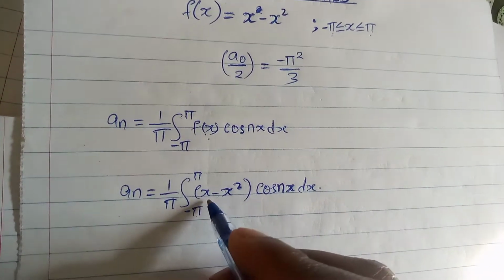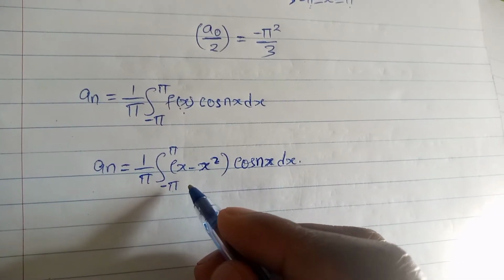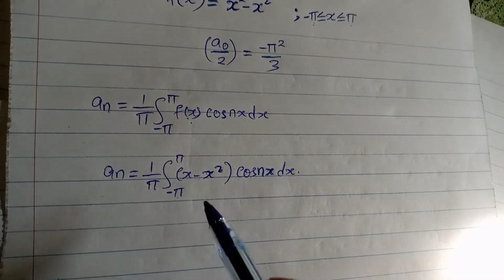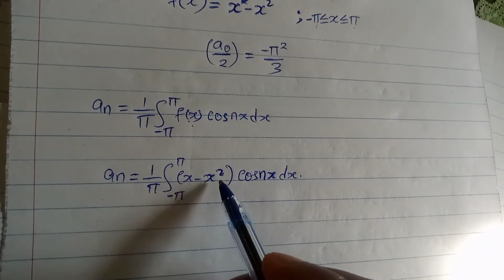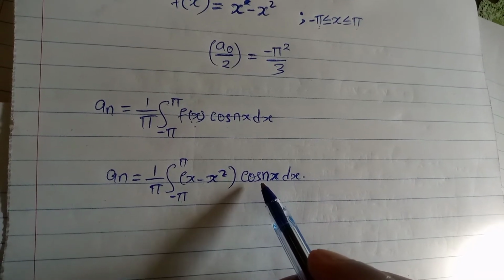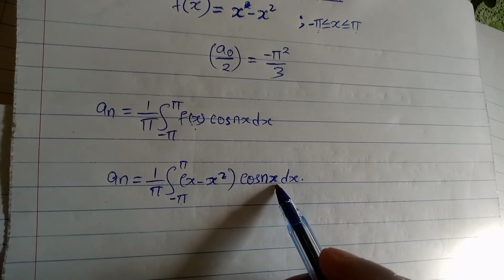When you look at this kind of integration, we have two parts: the part with x minus x squared, and the part with cosine of nx dx.